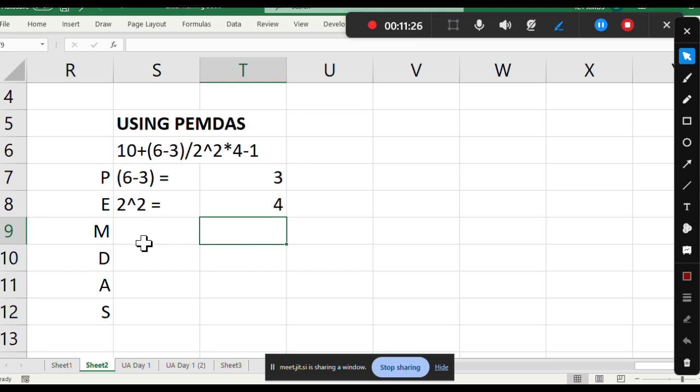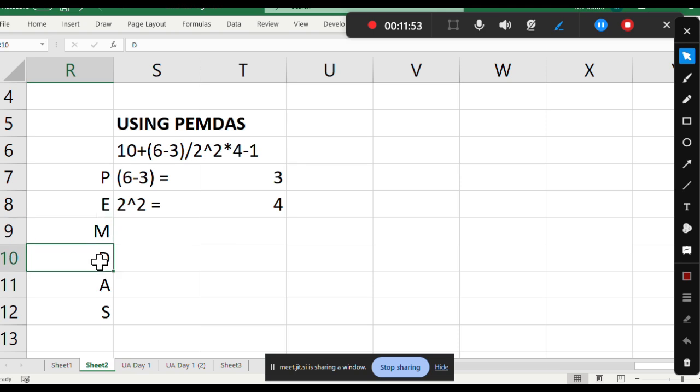So this is multiplication. The multiplication comes after division, or either one, so which one comes first between multiplication and division?